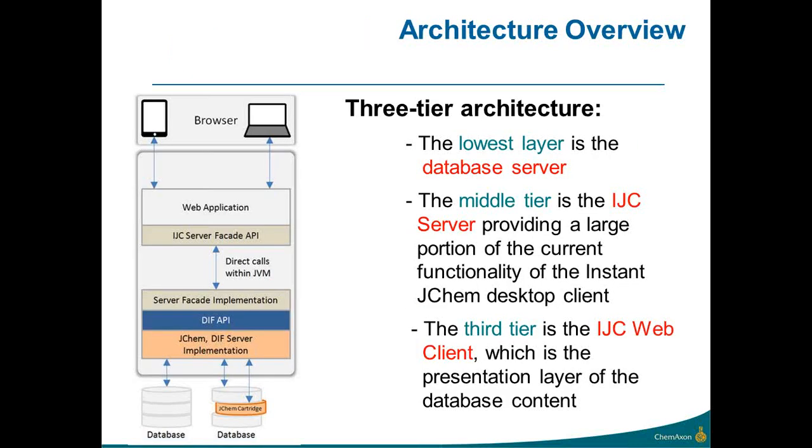The architecture is very simple. It's a three-tier architecture where on the lower level you have the database server, and in the middle tier you have the IJC server, which provides almost all the functionalities you have available in JChem desktop. The third tier is the IJC web client itself, which allows you to present the data on the web.